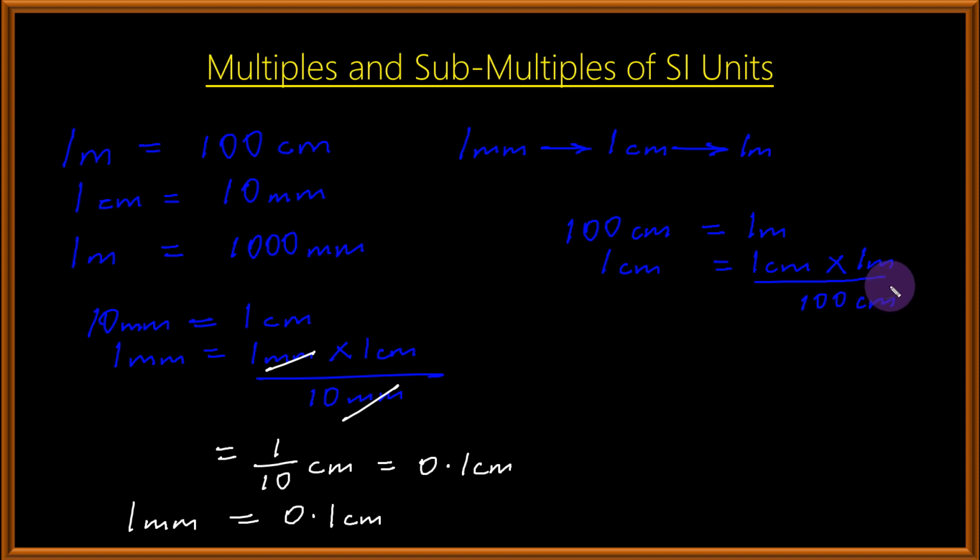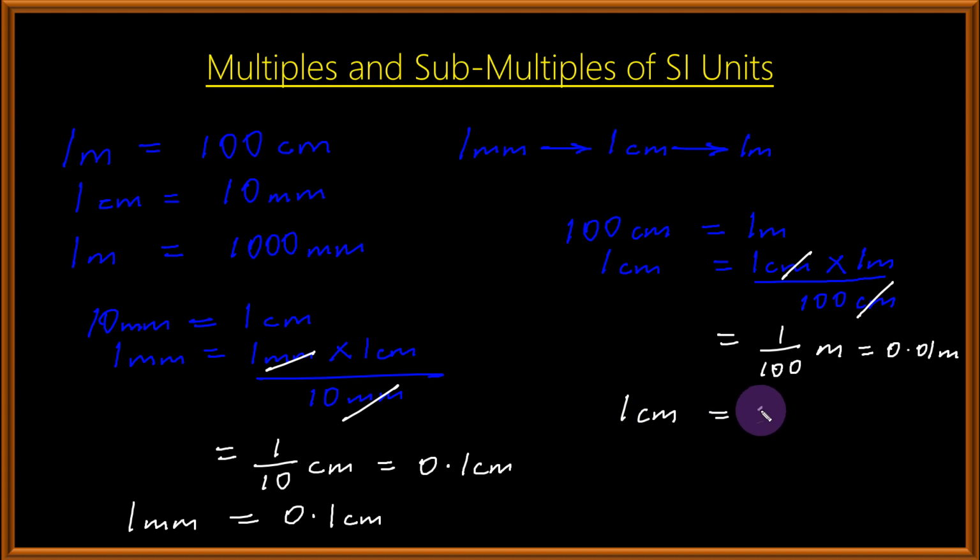Again, over here you can see that the centimeters cancel out, and I'm left with 1 times 1. I have 1 over 100, and the units are meters. And this gives me 0.01 meters. In other words, 1 centimeter is equal to 0.01 meters.